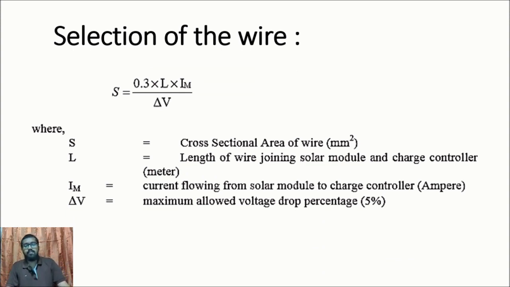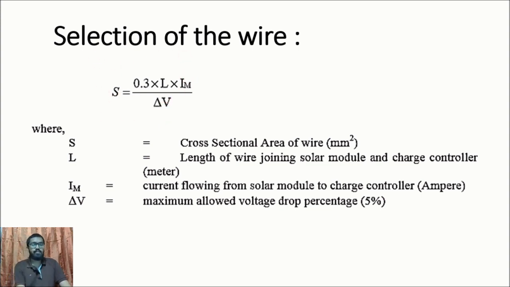Now you can use this equation for getting the cross-sectional area of wire, where L is the length of wire joining solar module and charge controller, which is in meter, and Im is the current flowing from solar module to charge controller, which is in ampere, and delta V is the voltage drop.